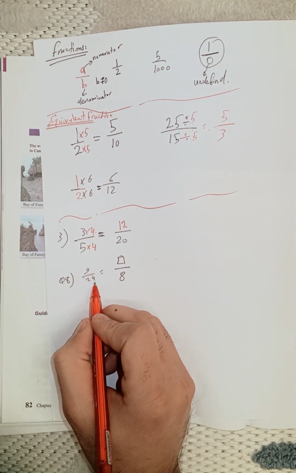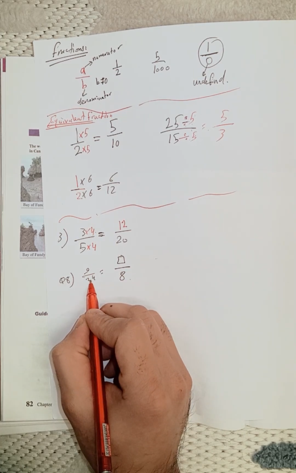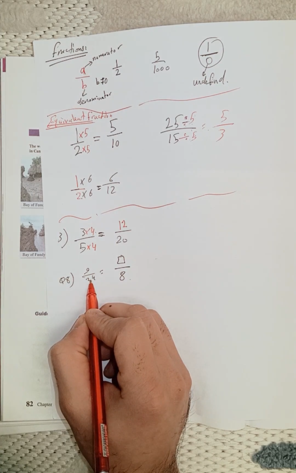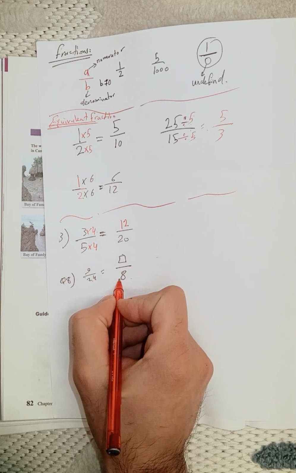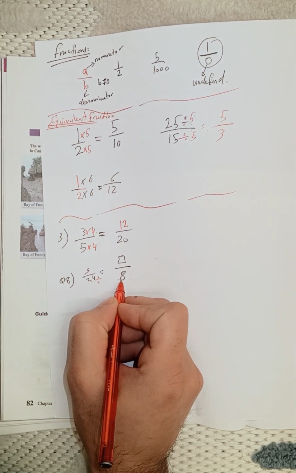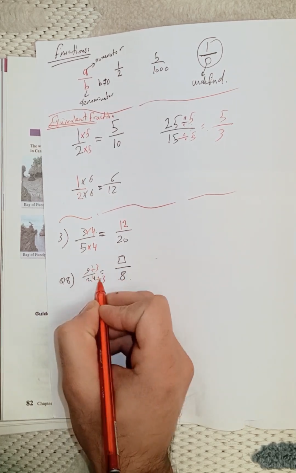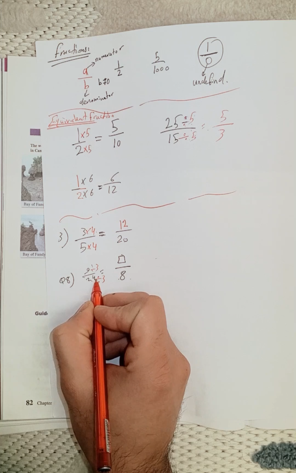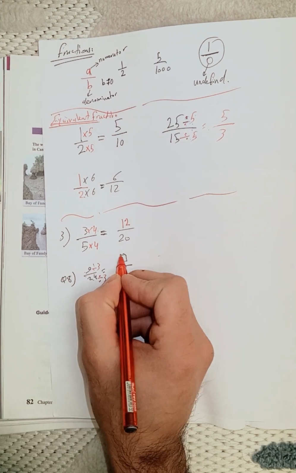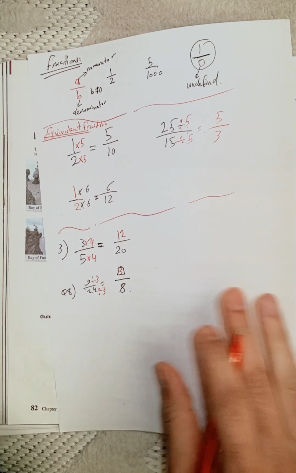Compare 24 and 8. How does 24 become 8? By divide or multiply? By divide. 24 divided by what number is 8? 3. So divide by 3. Do the same thing for the numerator. 9 divided by 3 is 3. So the missing number is 3.